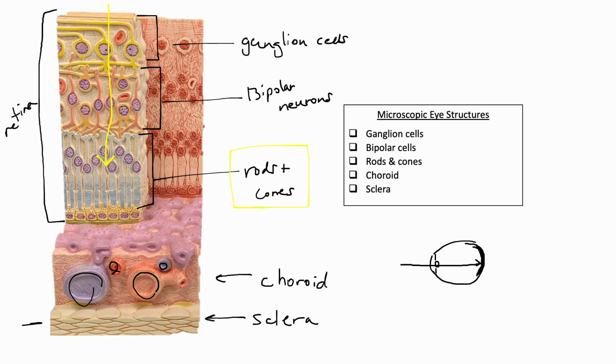And eventually those are going to travel, let me change colors, those then are going to travel out through that optic nerve. So remember, we had that area in the back of the retina called the optic disc. So all of those nerves are going to travel out of the retina toward the brain through that optic disc.